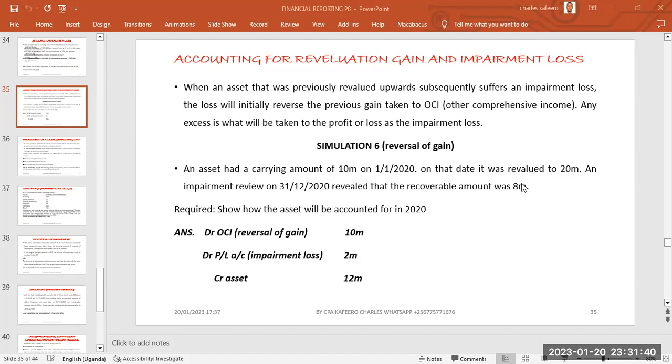So the asset had a carrying amount as of 1st January 2020, but when they revalued the asset at that same date, they found out that the recoverable amount is going to be 20 million.